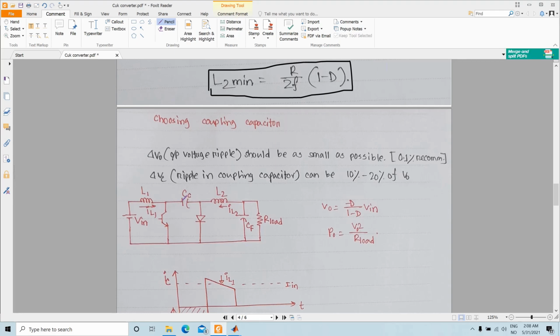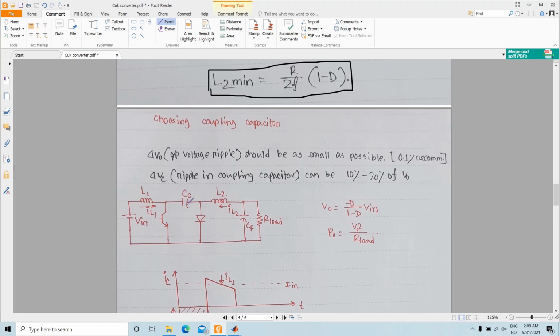The ripple in the coupling capacitor is not recommended to be extremely small, because if your ripple is very small, that means you need a very big capacitor as the coupling capacitor. On the other hand, this ripple is not important, because we are focusing on the output voltage being fixed. So the voltage ripple in the coupling capacitor will not be a very big issue, and typically in the design it's kept around 10, 20, 30%.